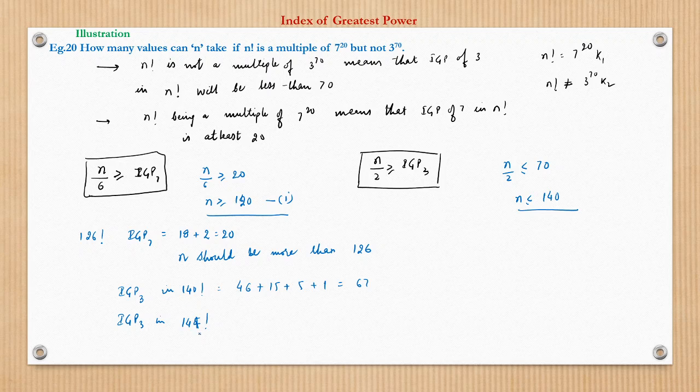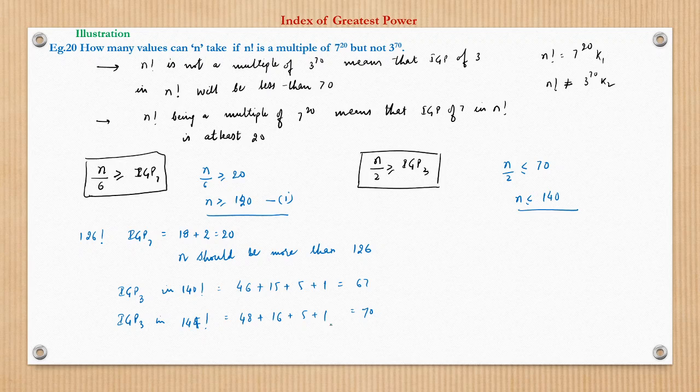So from 141 to 144 there will be a jump of two. 141 has 68, so 144 will have 68 plus 2, 70. Let us check that. 144 by 3 is 48. 48 by 3 is 16, 16 by 3 is 5, 5 by 3 is 1. So this becomes 5 plus 1 plus 16, 22, 22 plus 48 is 70, right?